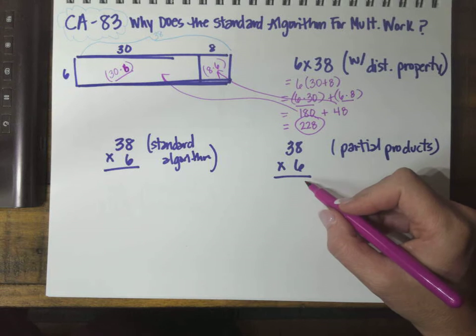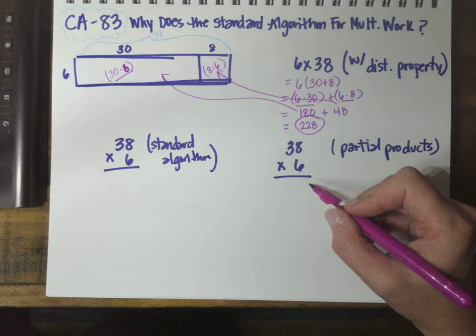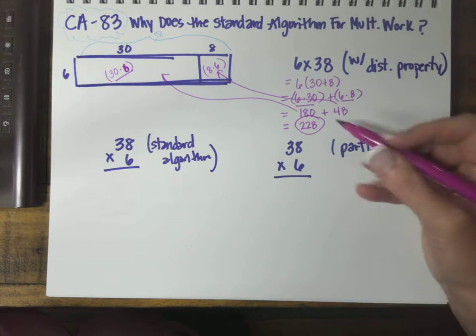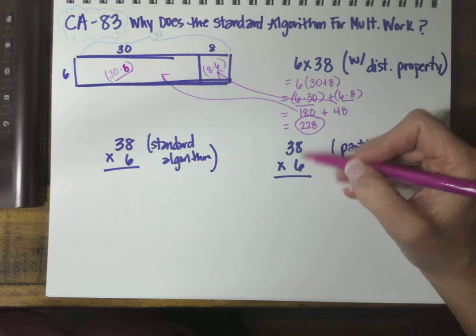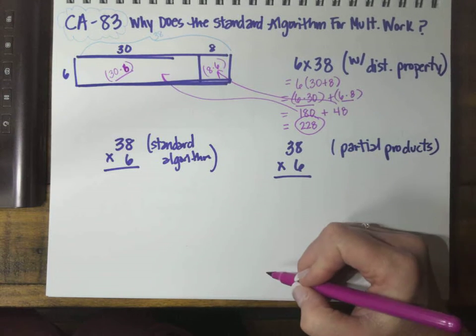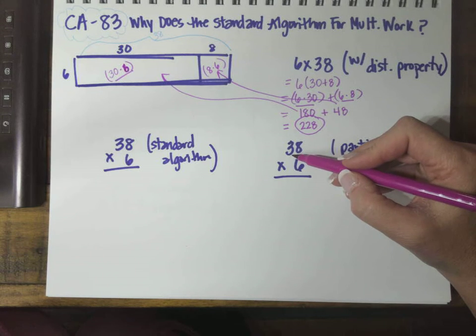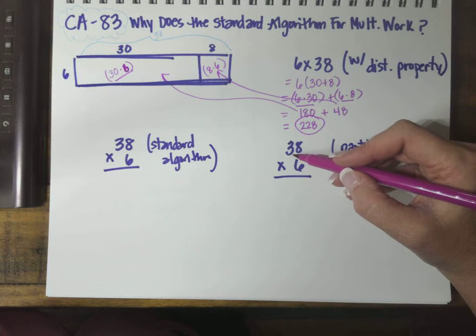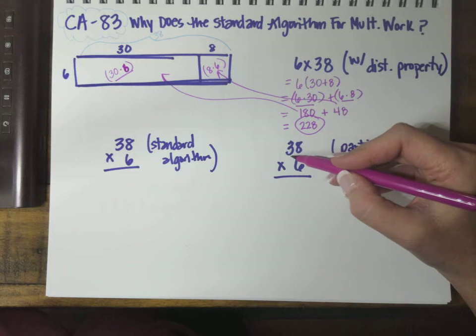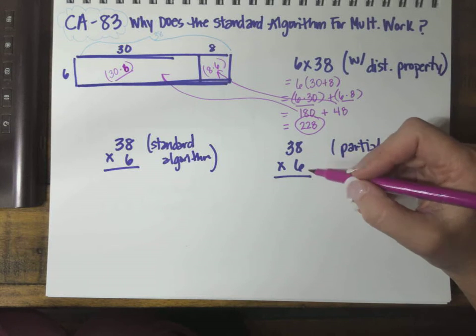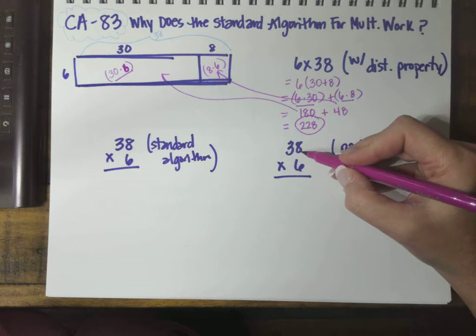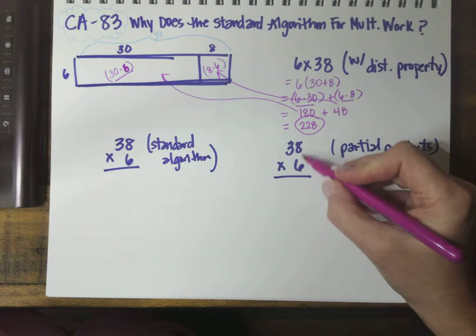Now let's look at our partial product multiplication. This is going to feel really redundant because of what we just did here. When we do partial product multiplication, essentially what we're doing is multiplying all of the numbers by each other, taking into consideration their place value. So in this case we say 6 times 8, because those are both in the ones place.